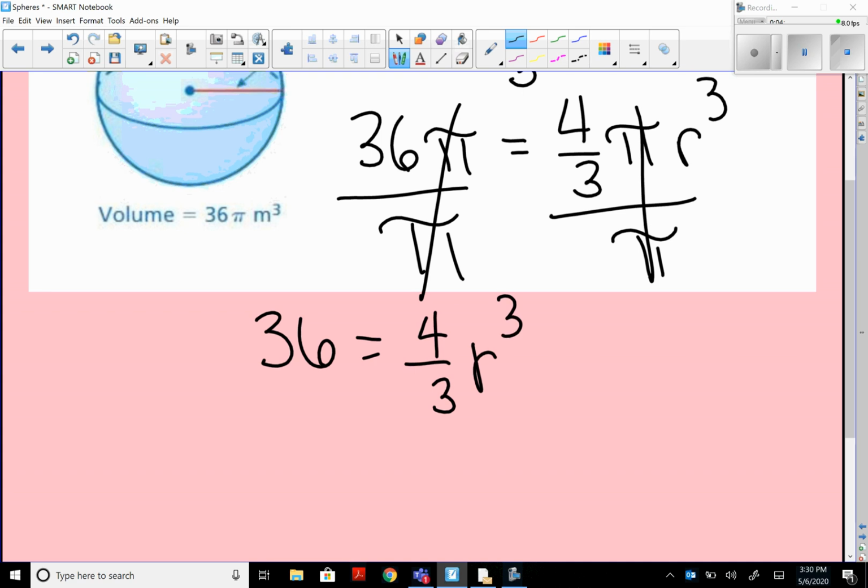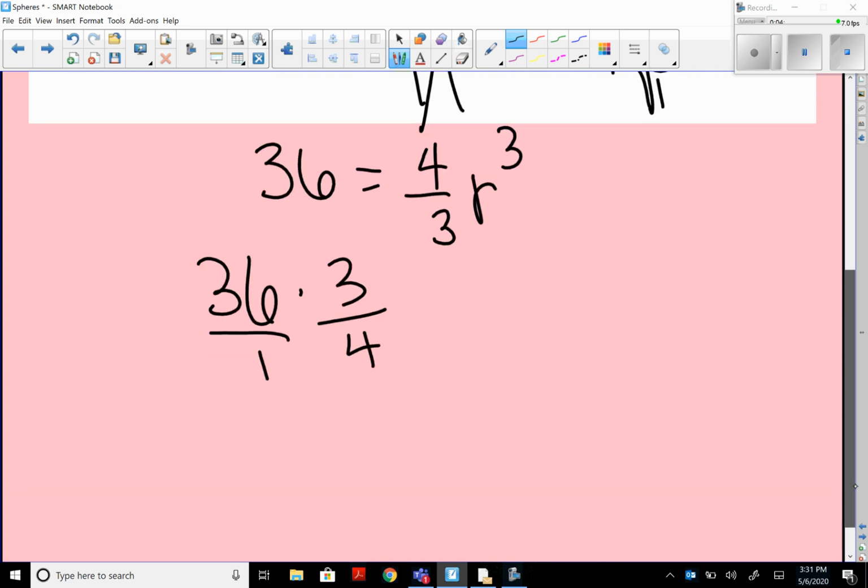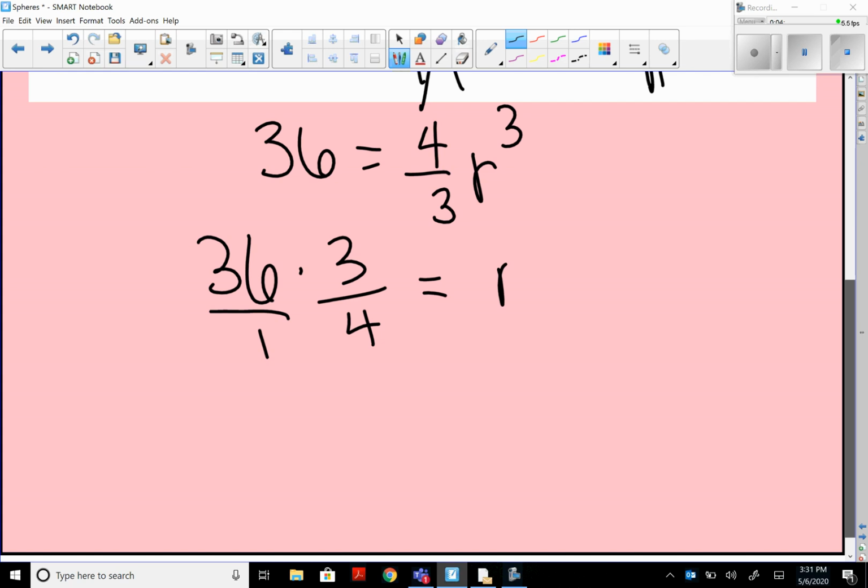Before I deal with r to the third power, I need to undo multiplying by 4/3, which means I'm going to divide by 4/3. Remember, dividing by 4/3 is the same thing as multiplying by 3/4. So I'm writing it now as 36 over 1 times 3/4, because remember, dividing by 4/3 is the same thing as multiplying by the reciprocal, and the reciprocal is 3/4.